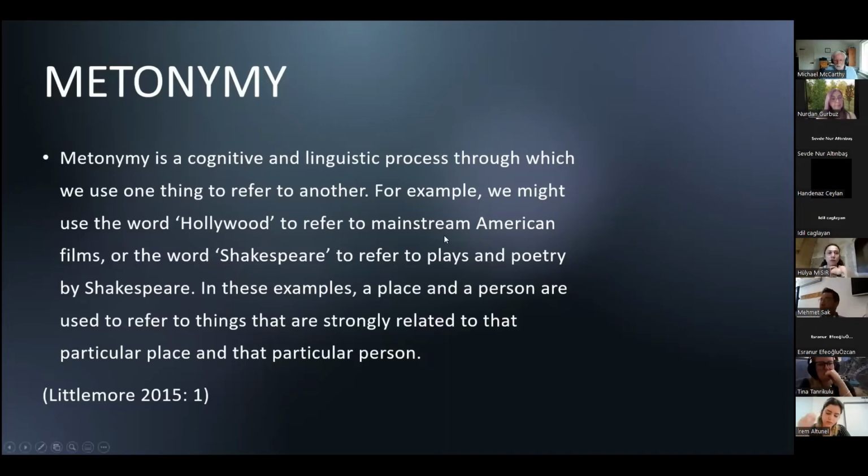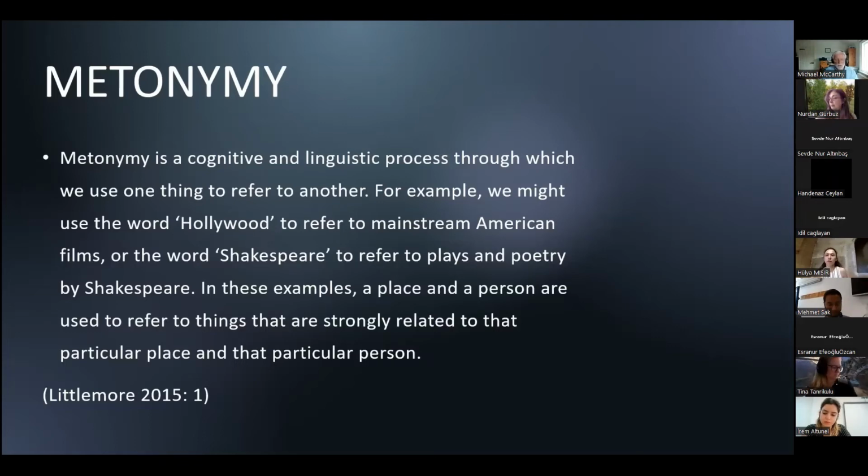For example, says Janet, we might use the word Hollywood to refer to mainstream American films, or the word Shakespeare to refer to plays and poetry by Shakespeare. So if I say something like, oh, I found a wonderful quotation in Shakespeare, what I mean is, of course, in one of Shakespeare's plays or poems, somewhere in his whole work.